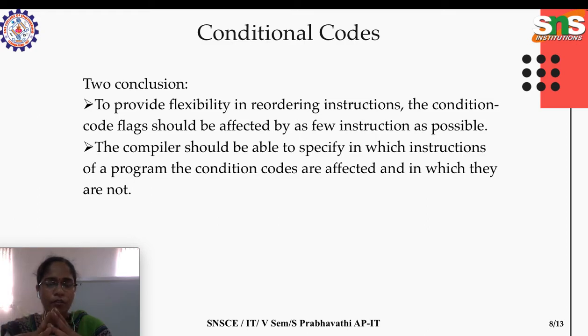So there should be some limitations on having the conditional code flags in our program, and the compiler should be able to specify which instruction produces the condition code and which does not. Okay, so these two things have to be taken into account for increasing the performance of the pipeline.